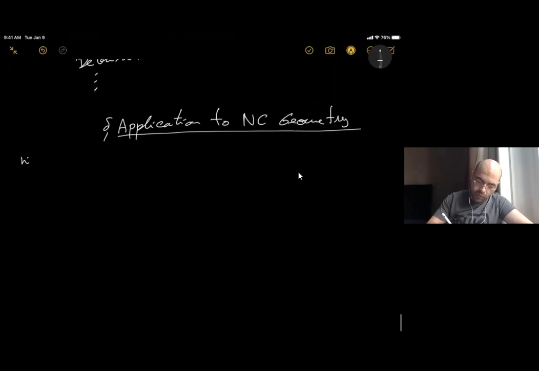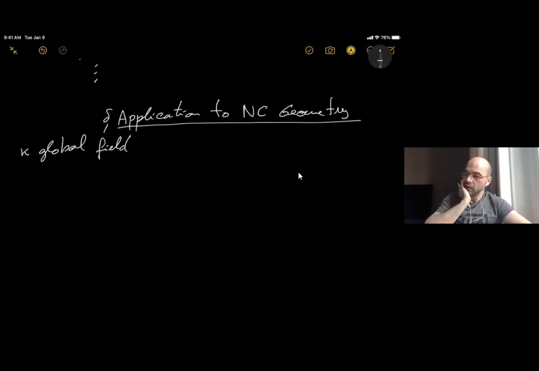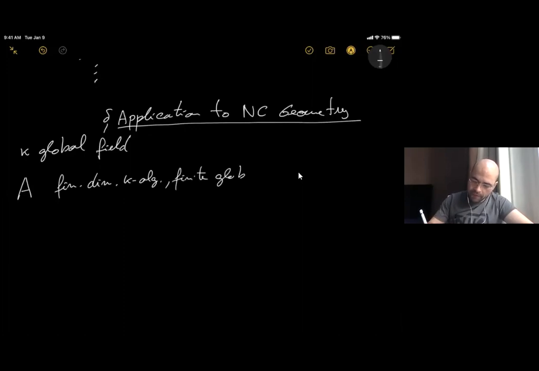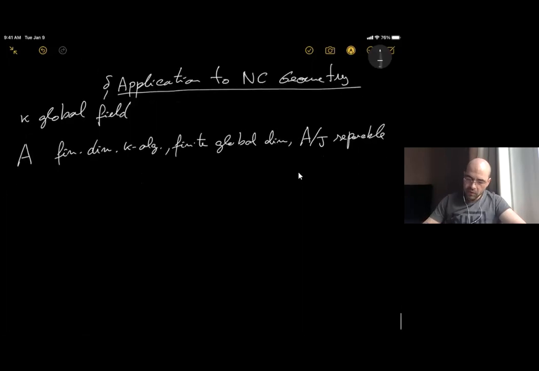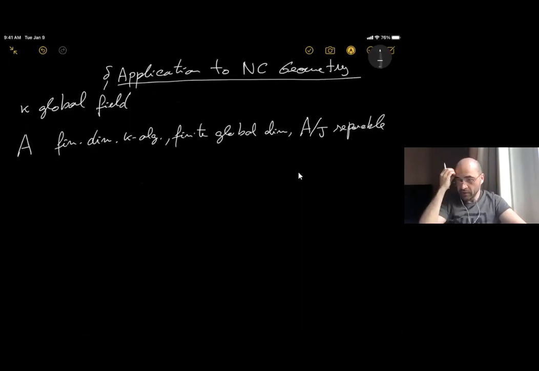So here I'm working over a global field, with no restrictions on the cardinality or the characteristic, and let's think about finite dimensional algebras, which are required to be of finite global dimension, and also I require the quotient by the Jacobson radical to be separable. This is true whenever the base field is perfect, for example characteristic 0. So what can we say in this case about the conjecture?